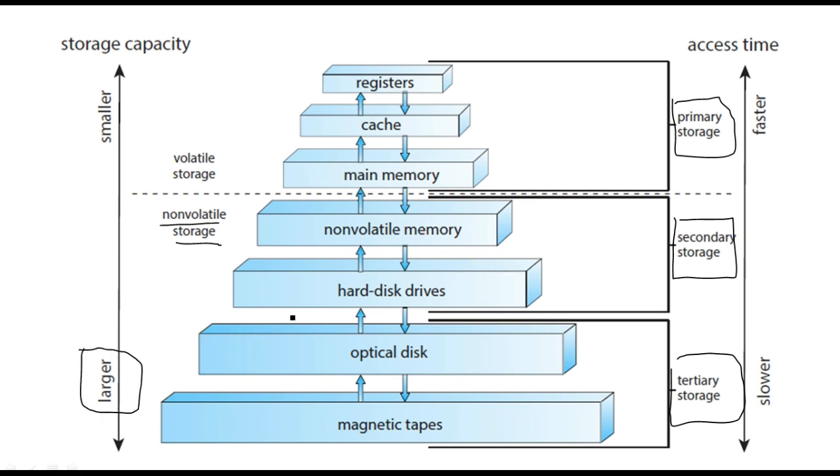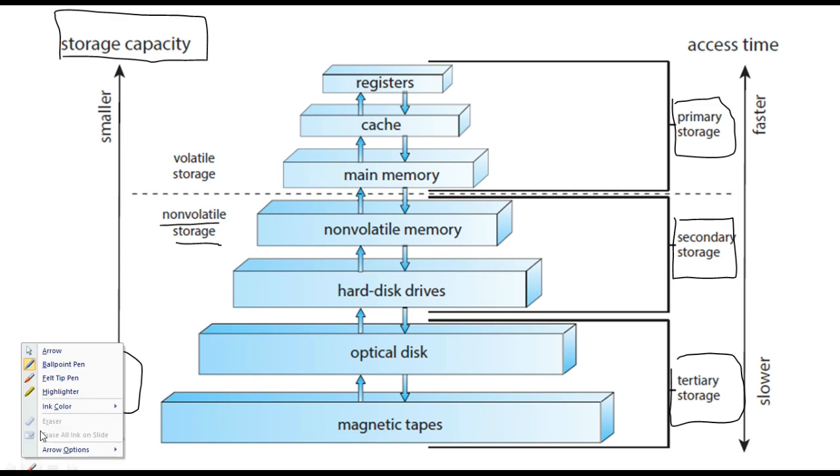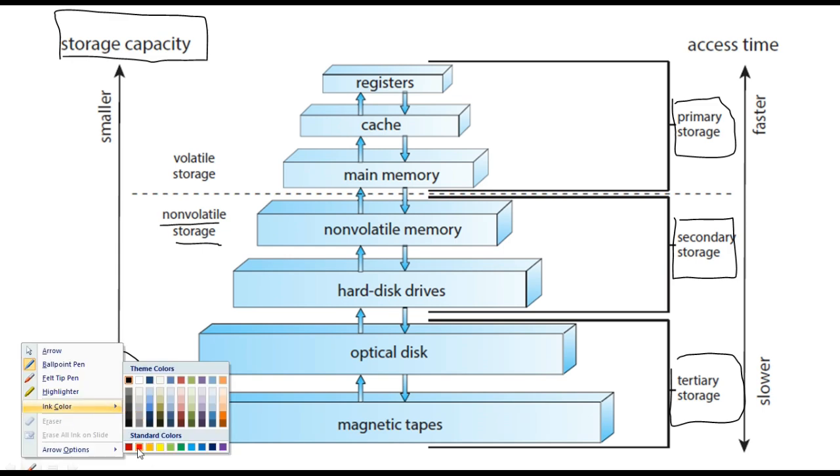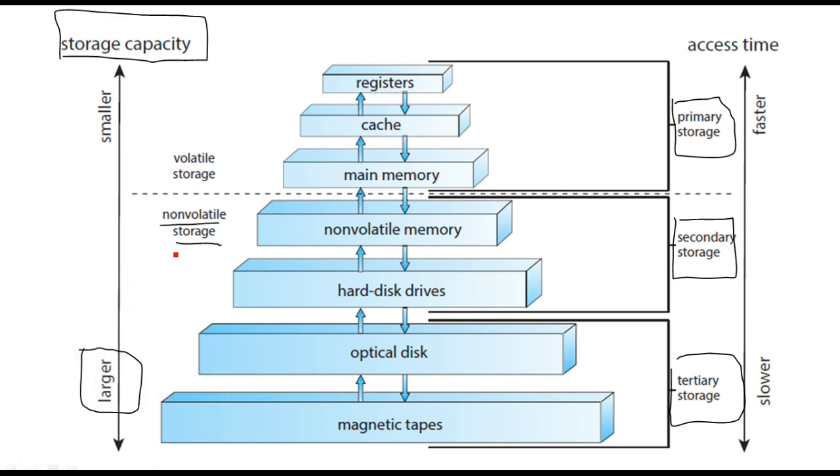Now if you see this dotted line, above the dotted line these memories are smaller in storage capacity, whereas the non-volatile storages are larger in storage capacity.